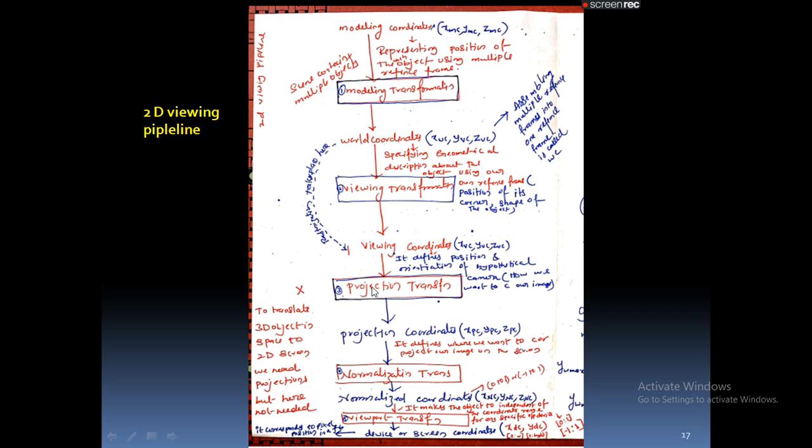Next, we need one more type of transformation called projection transformation. We want to translate viewing coordinates to projection coordinates with the help of projection transformation.